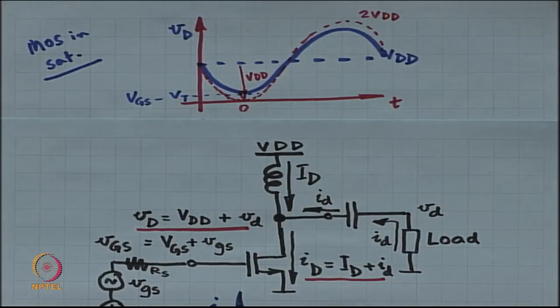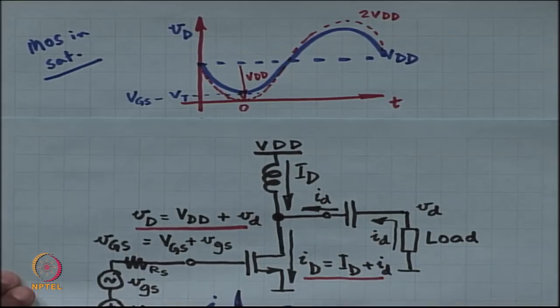Okay. If I make this assumption that it is not even VGS minus VT, not even 0.2 volts, it is 0 volts is the minimum. Fine. So far so good? Okay, great.